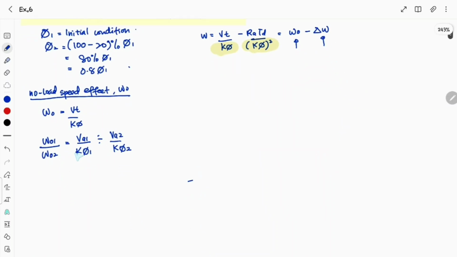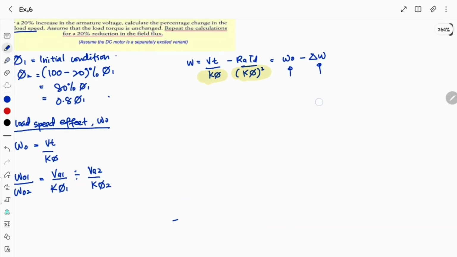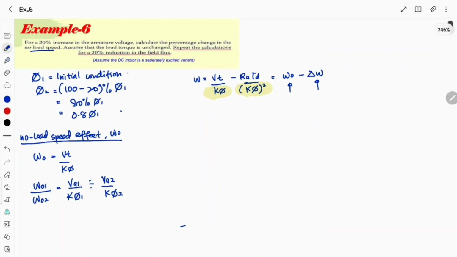We know that K is the voltage constant of the motor, and we have a new value of flux, so we can change the flux. For this example, we need to bear in mind that when you change this parameter, you need to assume that your Vt is fixed, as well as the torque and the armature resistance.